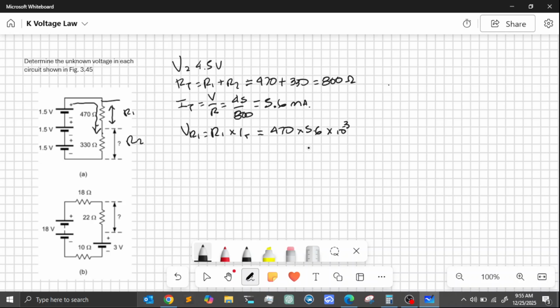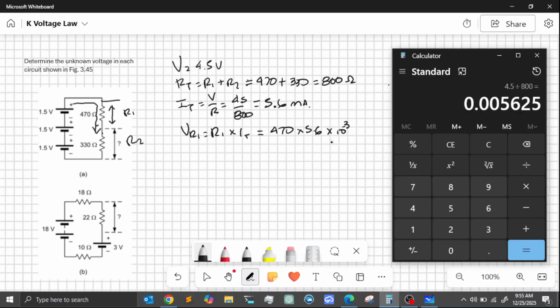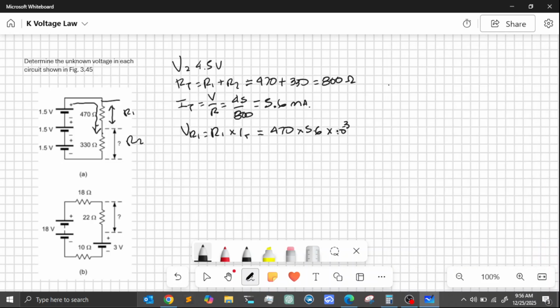All right. So let's see. Actually, it is 0.0056 times 470, and that is 2.6 volts. So VR1 is equal to 2.6 volts.